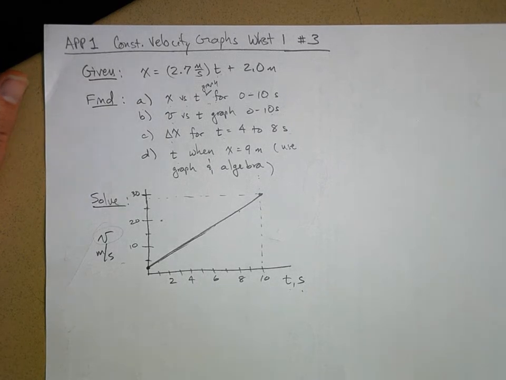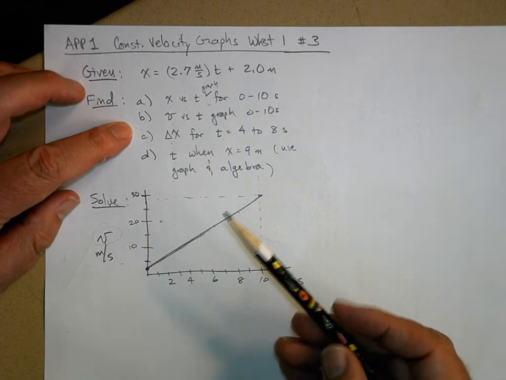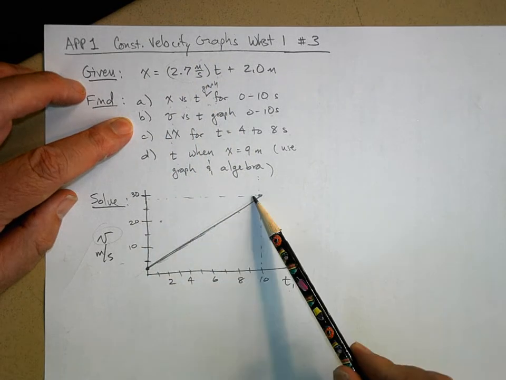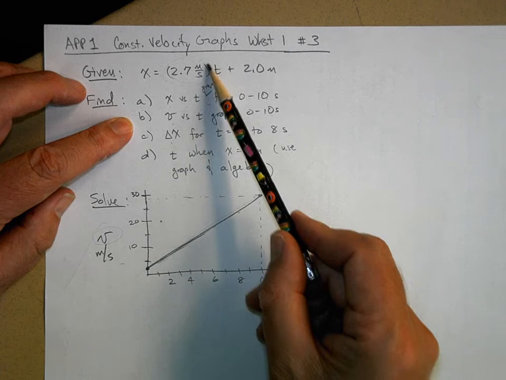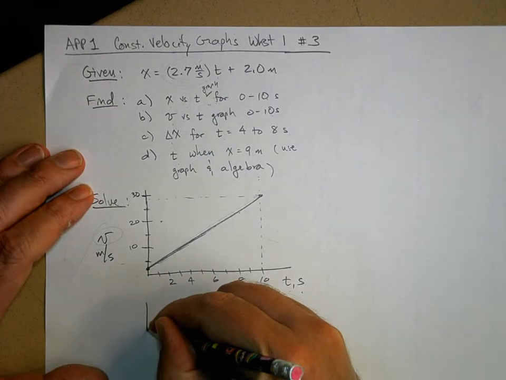Then for part B, it says velocity versus time graph. We know that the slope of this graph here is our velocity, and the slope is right there, 2.7 meters per second. So this is pretty easy.